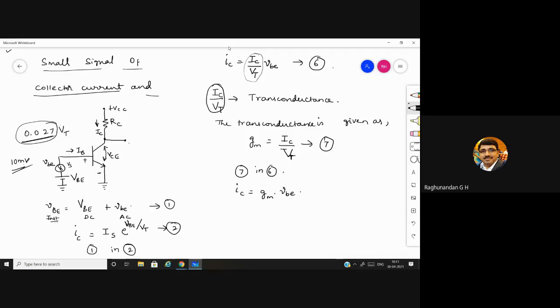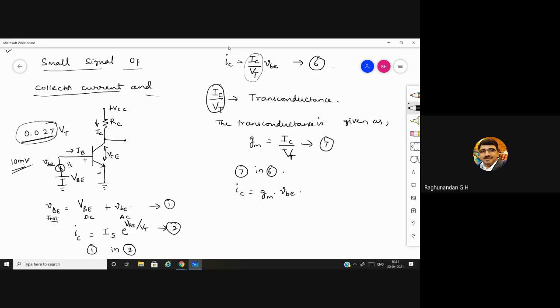Next we compare that equation with the general form of collector current equation, small ic equal to capital IC plus small ic. Comparing these two, we get the equation for the collector current. And again, we consider capital IC by VT.